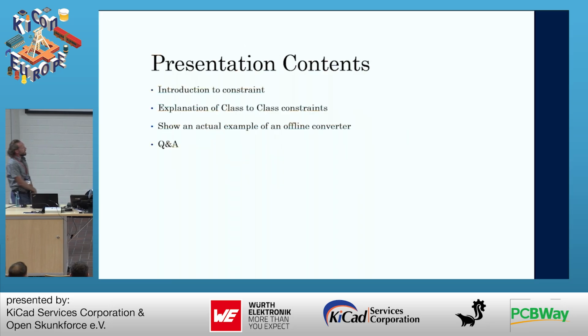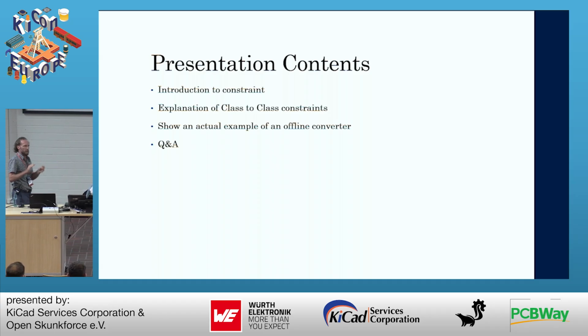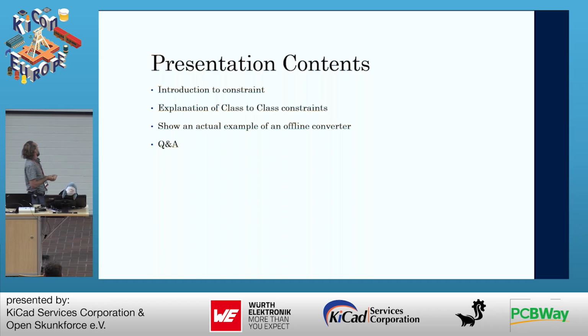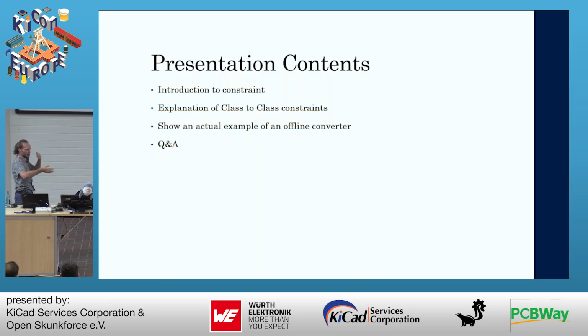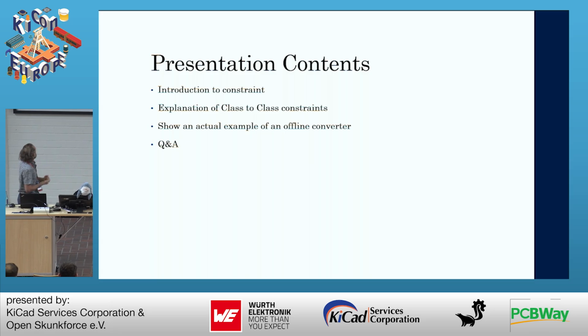The presentation itself, I will start off by doing some introduction to what constraints are. I assume that most of you have a pretty good idea of basic constraints, but I'm going to cover it anyway, just to go through the explanation of what we're doing. And then I will try to explain specifically what a netclass to netclass constraint is compared to regular constraints.